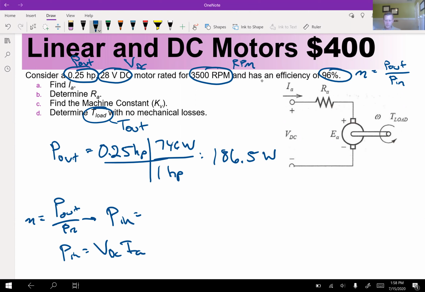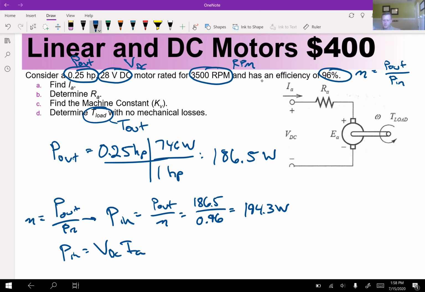So on this electric side, I'm going to have to get to the input side in order to find an electric current. So P in is equal to P out divided by eta. P out 186.5, eta 0.96, and I get 194.3 watts.